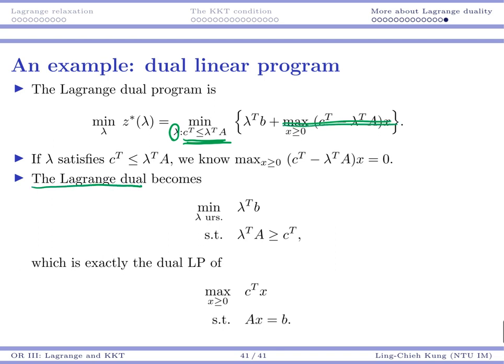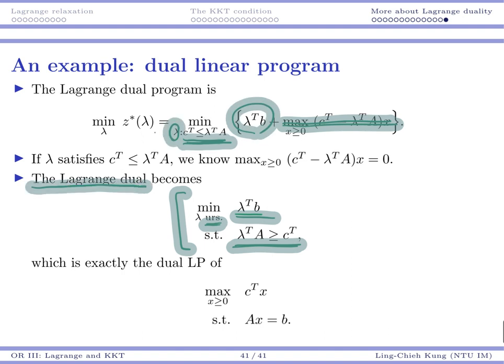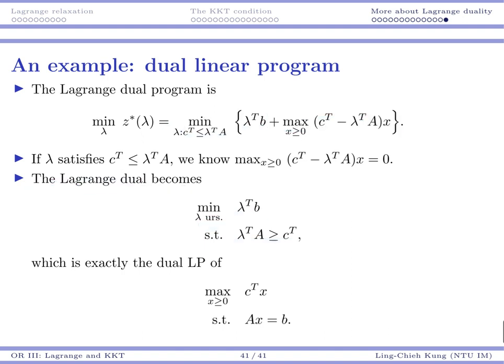So your Lagrange dual program is actually this one. Your lambda can be of any sign, but it must satisfy the only constraint that lambda transpose A should be greater than or equal to c transpose. Then you want to minimize lambda transpose b. Well, that's exactly the dual linear program of your original primal problem.